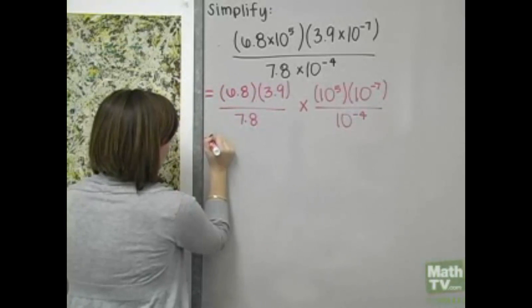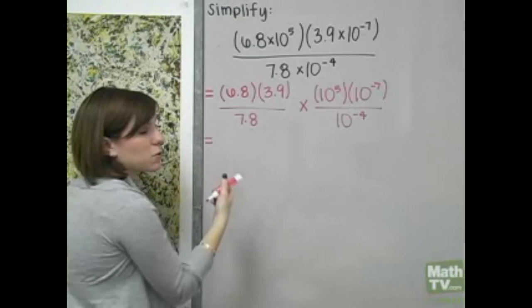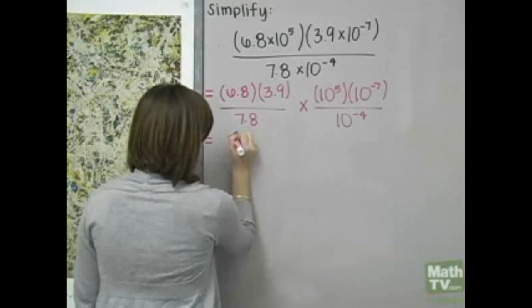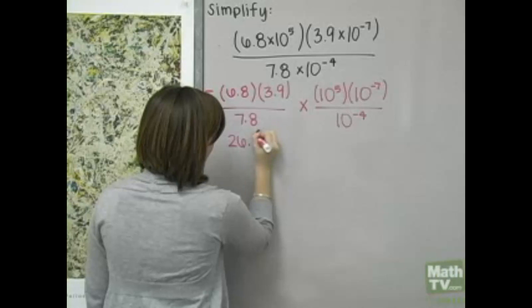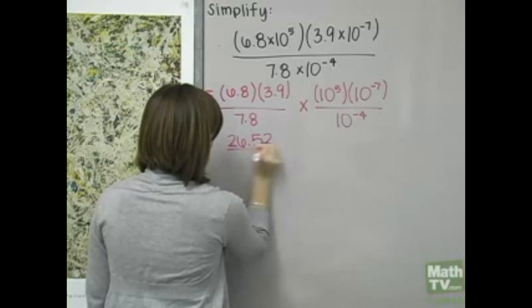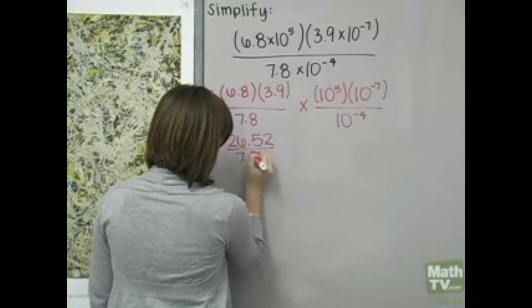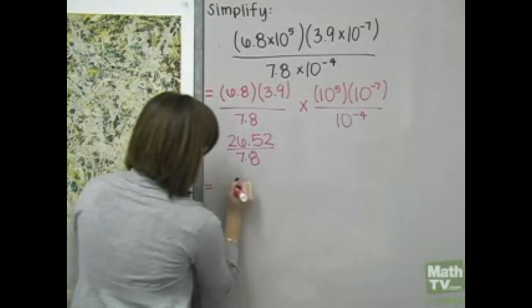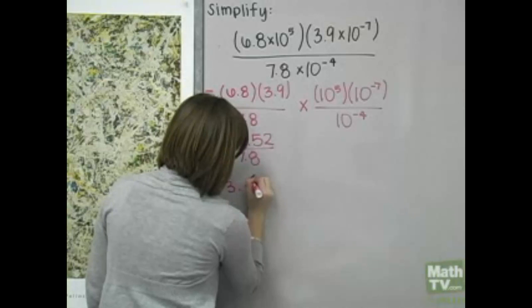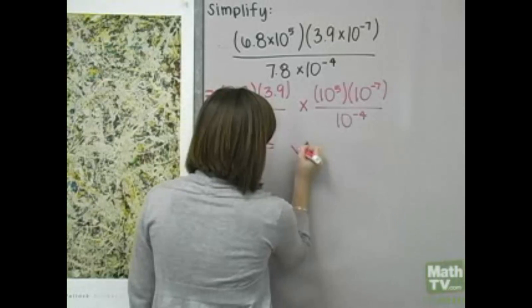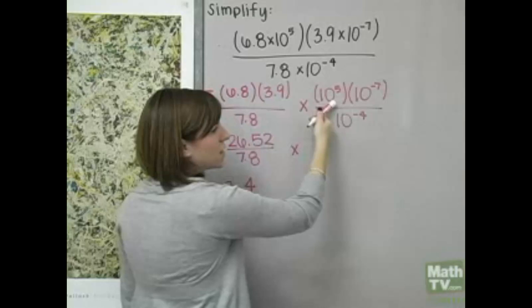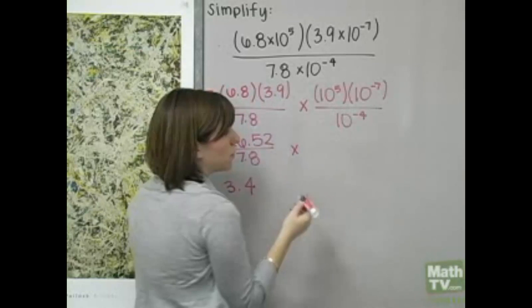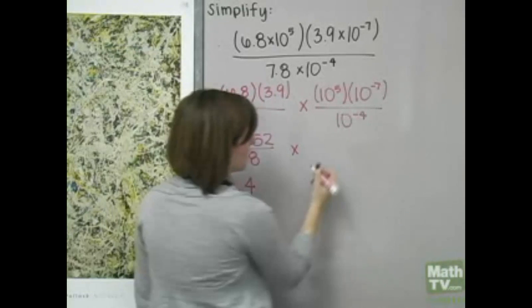So we get that this is equal to 6.8 times 3.9 will give us 26.52 over 7.8. Simplifying that, we get 3.4. Now moving on to our next step, we have this times 10 to the 5th times 10 to the negative 7. Since we're multiplying, we're going to add our exponents.